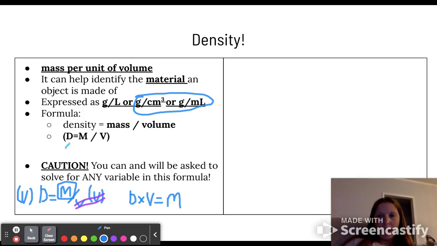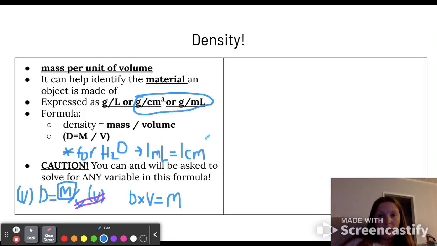The last thing I want to add here: for water, H2O, 1 milliliter is equal to 1 centimeter cubed.